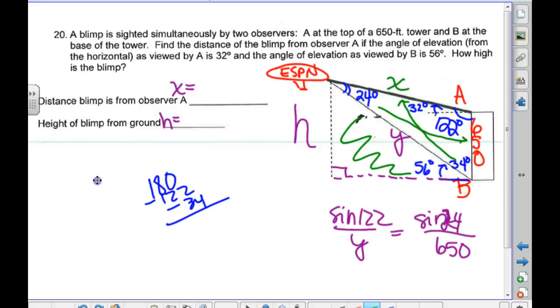I think that looks right. I'm gonna understand how I got this small number.